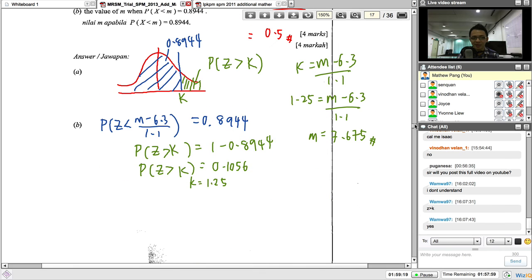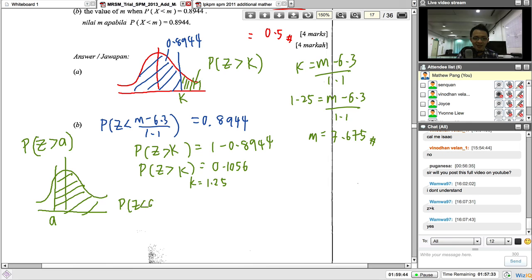If I draw a diagram like this, I randomly draw a line, maybe I call it A. For probability Z is bigger than A, we draw every zone from the line A to your right hand side. If you want to draw Z is less than A, less than A means from the line A go to your left hand side. This is the difference in how you see the part.